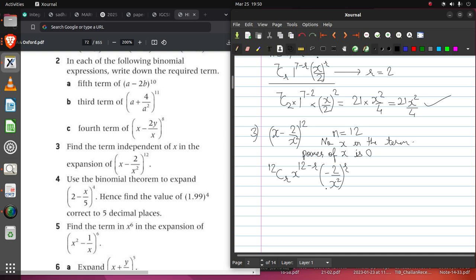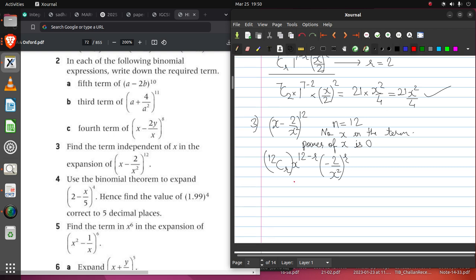So your focus is finding out the power of x in terms of r. You can ignore the minus 2 power r part, that we'll worry about later. How do I extract only the x terms out of it and write a single power of x? I know it is x raised to 12 minus r into 1 upon x raised to 2r.